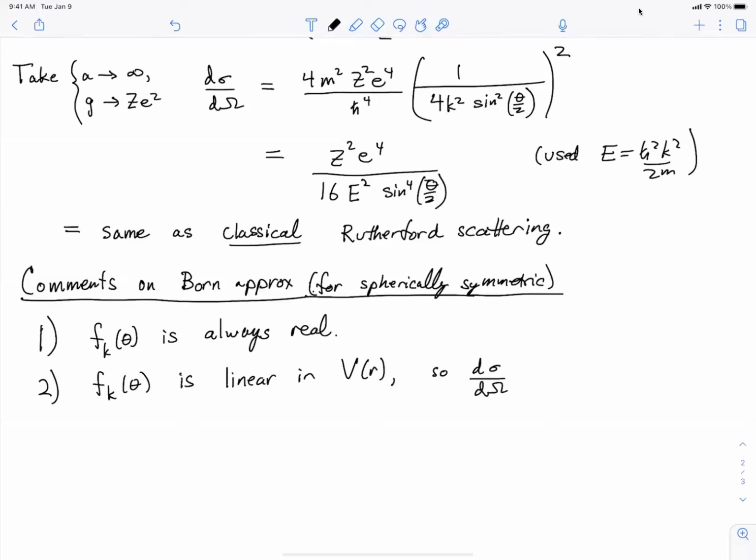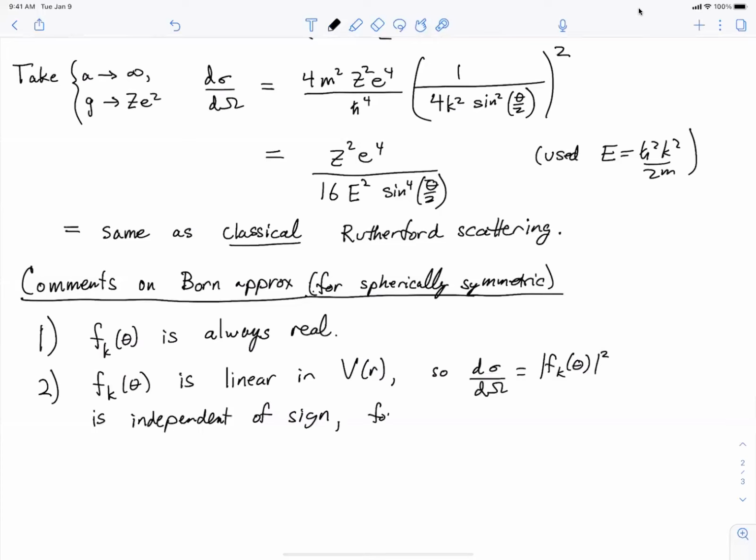So my differential cross-section, which is always the square of the scattering amplitude, not only will it obey that proportionality, but it doesn't care what the sign of the potential is either. So this is independent of sign. Okay, and so for example, in the Rutherford scattering case, it doesn't care whether I'm scattering off a positive charge or a negative charge.